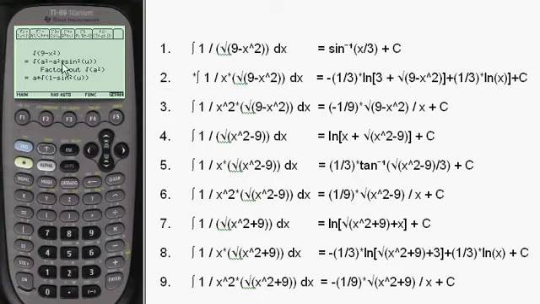Then we're going to turn this into a substitution. So 9 is a squared, and then x squared, we just showed you, is a squared times sine squared of u. Using algebra, of course, we factor out the square root of a squared, which is a, and then times the integral of 1 minus sine squared of u. Well, we have a Pythagorean identity now: cosine squared of u plus sine squared of u equals 1.